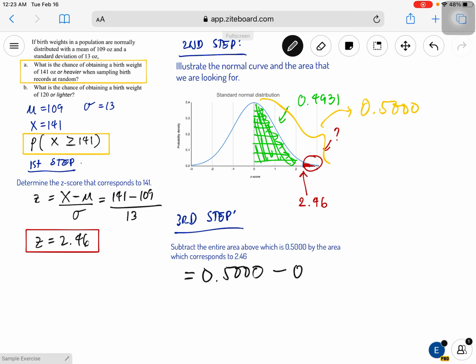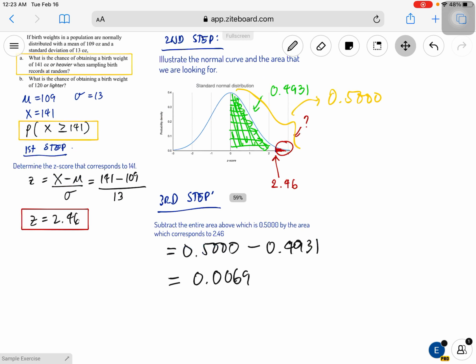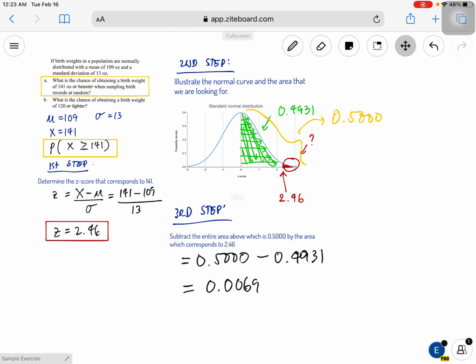That is basically the answer: 0.0069. Okay, that's now our final answer, but we have to write our complete thought or sentence.